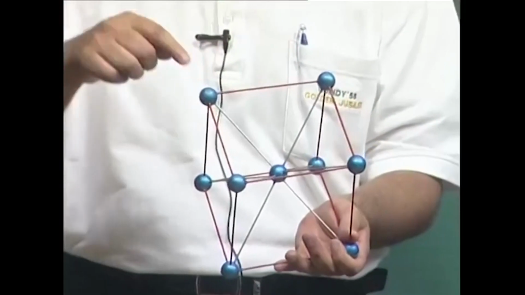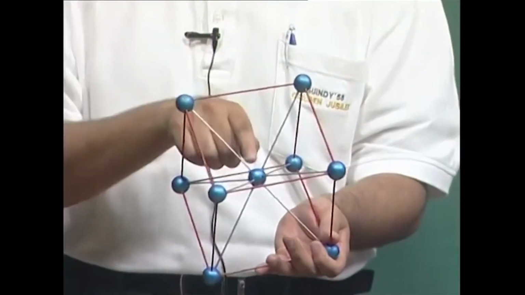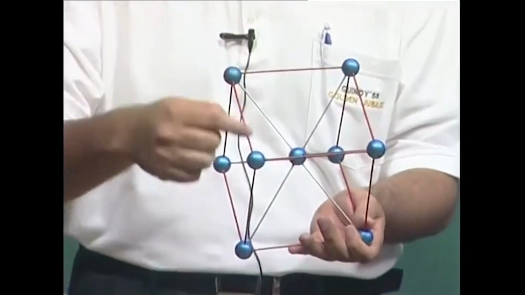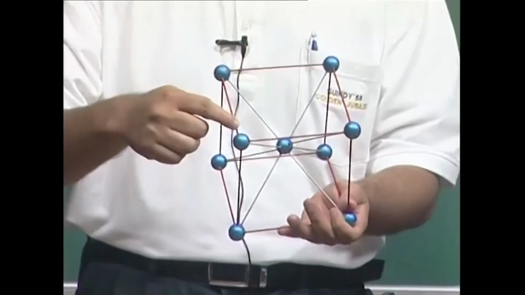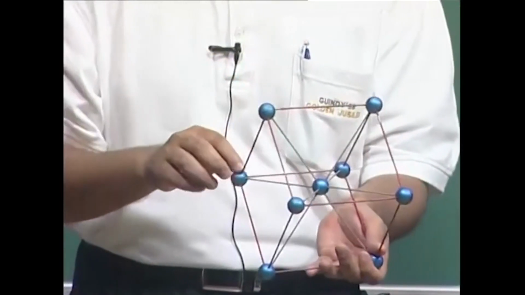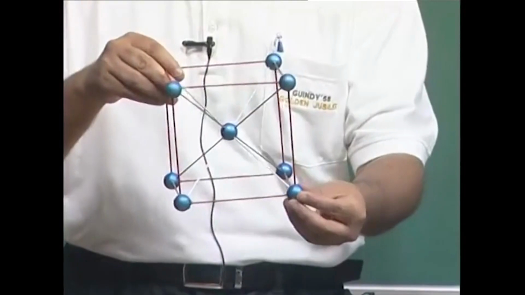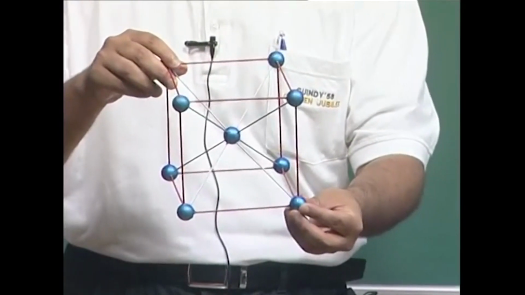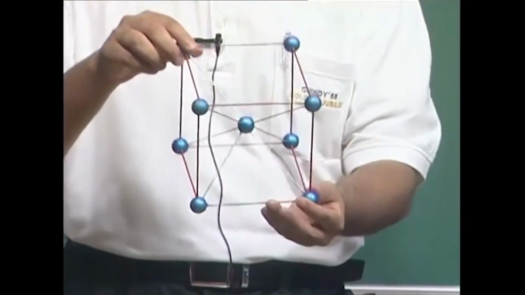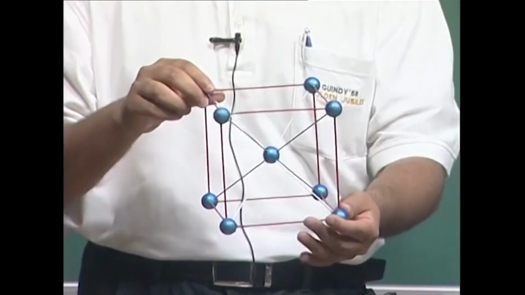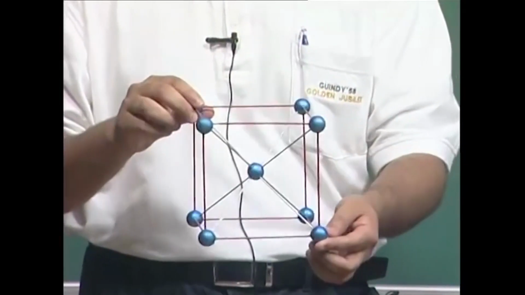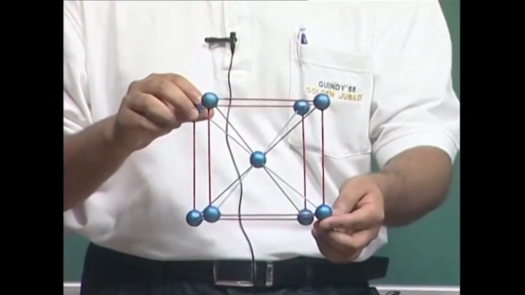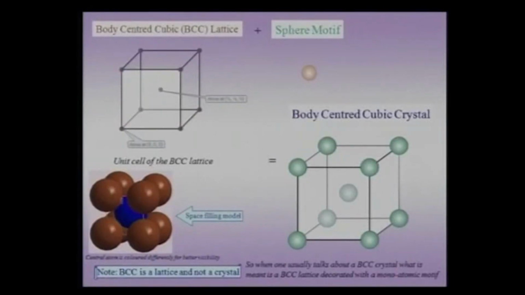So, the connectivity is between the atom sitting in the corner and the atom sitting in the center, but not along this direction. On the other hand, the unit cell edge is along these directions. So, this is a ball and stick model of the BCC crystal, and we have to notice that this crystal has got the complete symmetry of the lattice. It has got a 4/m 3bar 2/m symmetry, which I will write down on the board.